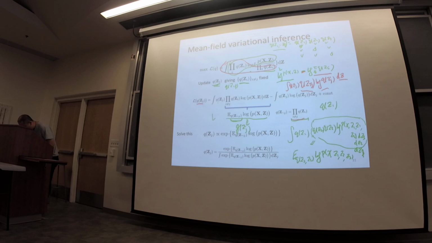The first term is the integral of Q(Zj) with this expectation. The second term is the integration of Q(Zj) and log Q(Zj). To optimize this, we can derive that the optimal Q of Zj is proportional to the exponential of this expectation.